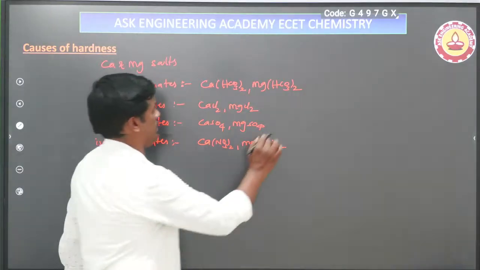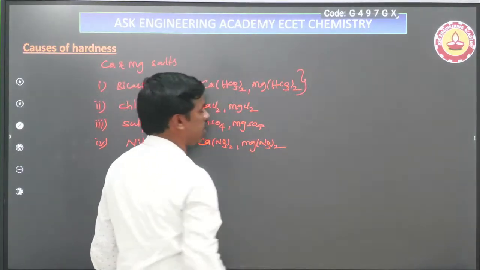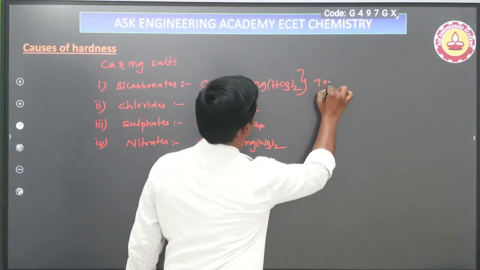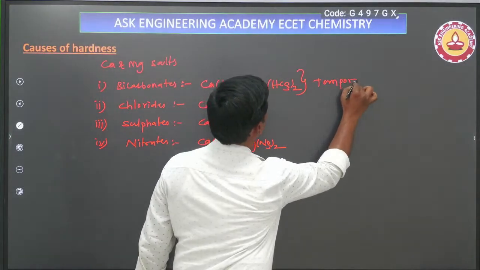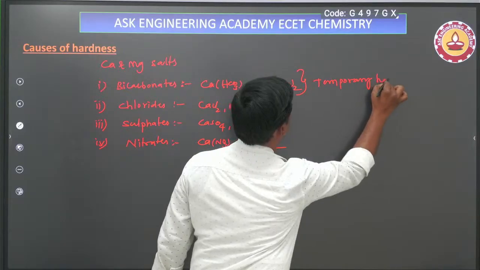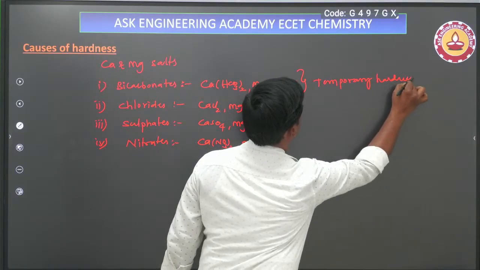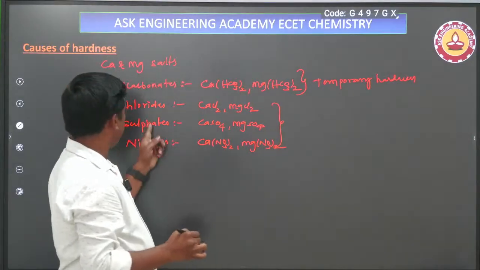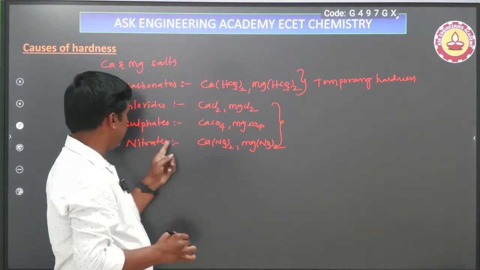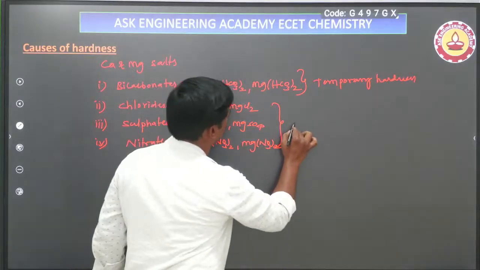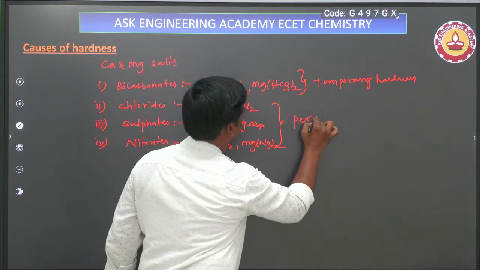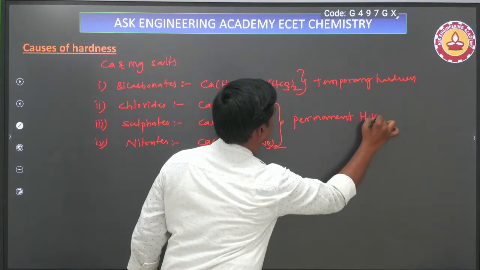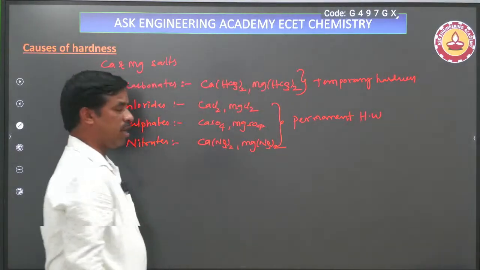Here, only bicarbonates produce temporary hardness, and the remaining salts, chlorides, sulfates, nitrates of calcium and magnesium, produce permanent hardness of water. Okay, clear?